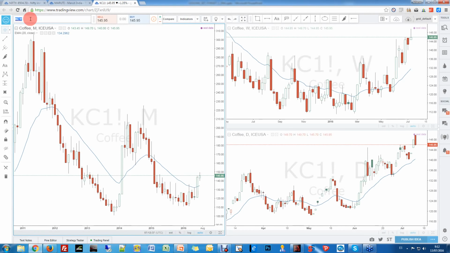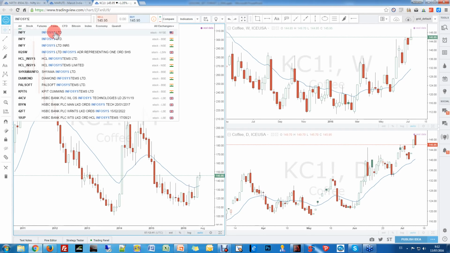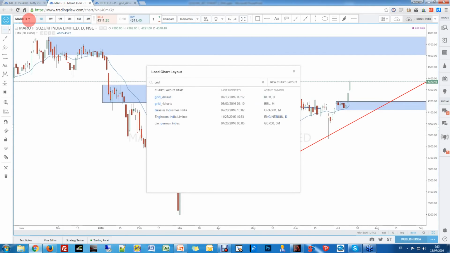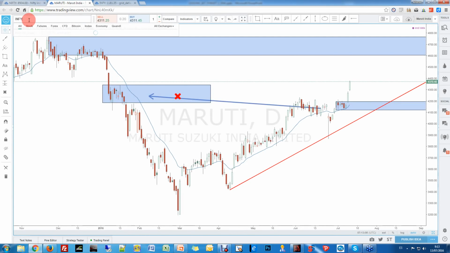This is it. Let's take a look at Infosys. I guess it's this one, isn't it? Yep, Infosys. Let's see if it loads, because it's having problems with this Indian data. Crazy. Sorry for that. I don't know what's going on with the Indian ones.